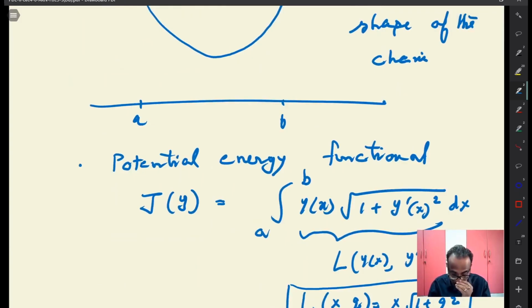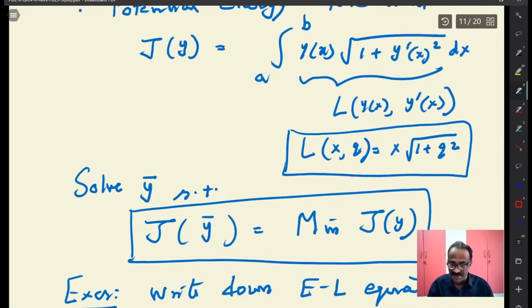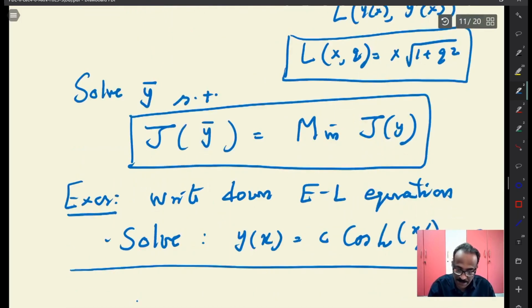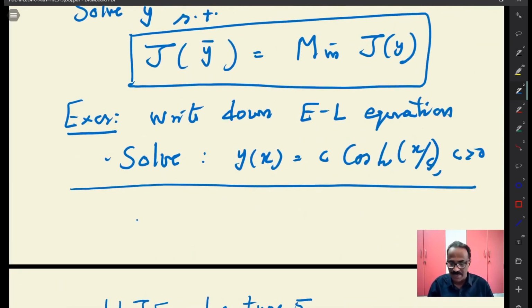There also the minimizing functional is the potential energy, which is written there, and you want to minimize it. We did not write down the Euler-Lagrange equations, left it as an exercise, and while solving you get the solution. The curve is nothing but cosh, the hyperbolic cosine.